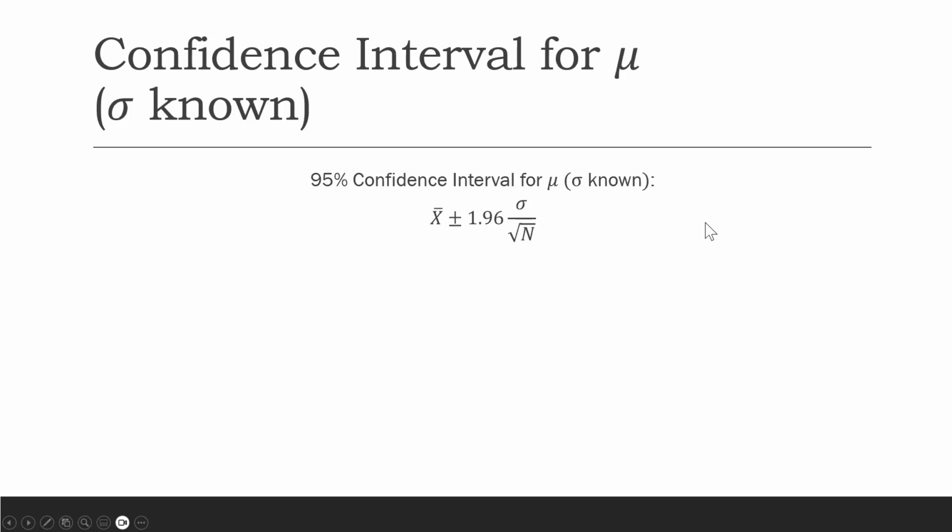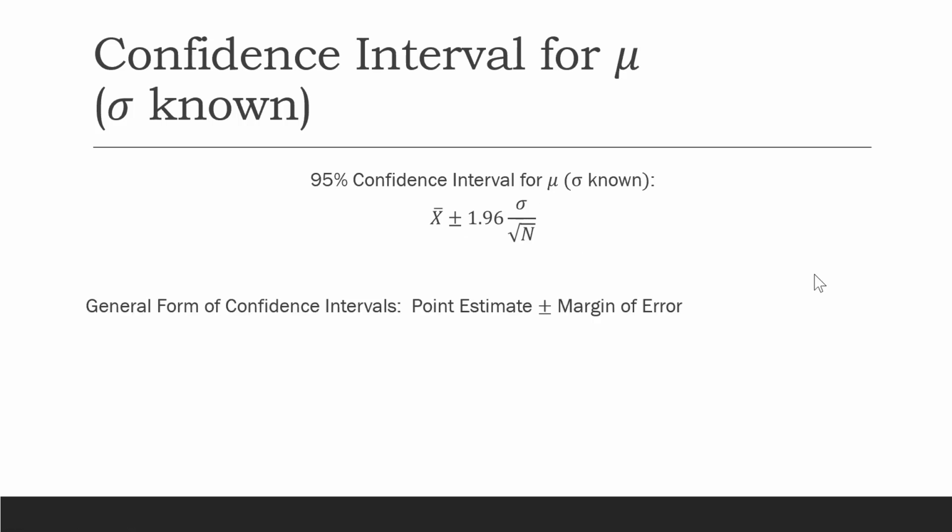And so since that probability was 0.95, this is a 95% confidence interval. And I'm still in the case for sigma being known. It's going to have two numbers. One of them is going to come from the minus, and the other is going to come from the plus, but it's x bar plus or minus 1.96 times sigma over the square root of n.